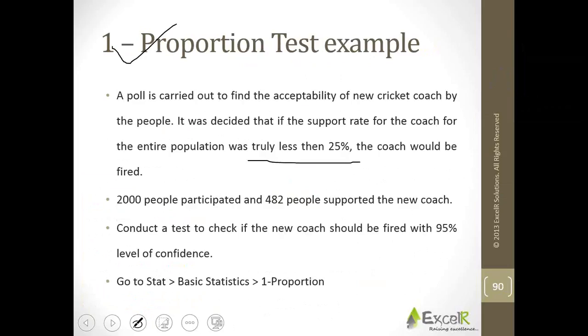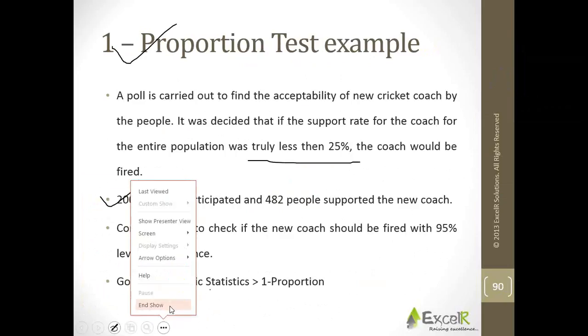You'll ask the coach to leave if the support for him reduces below 25%. 200 people participated and 482 people supported the new coach. Conduct a test to check if the new coach should be fired with 95% level of confidence. Simple. Remember these values: 25%, 200 and 482. We will do that right away.